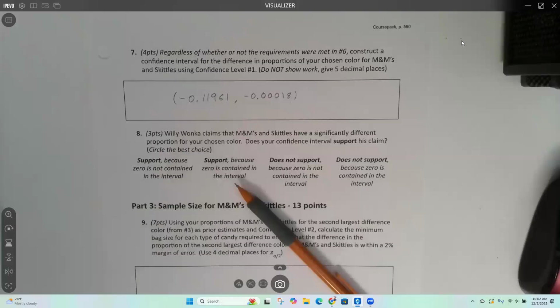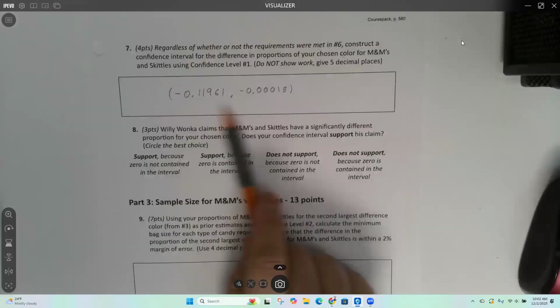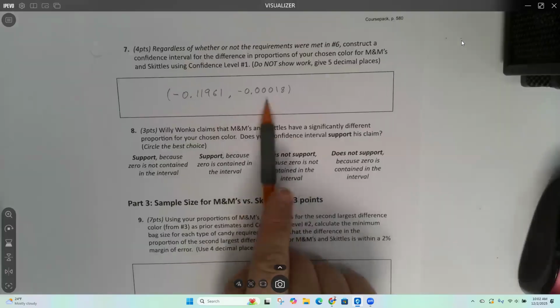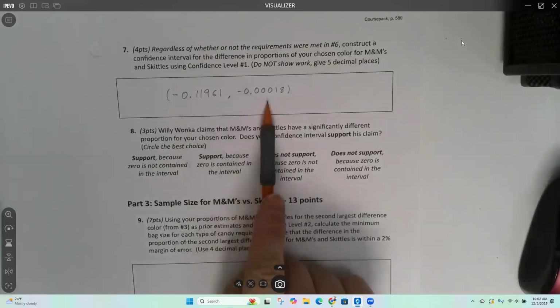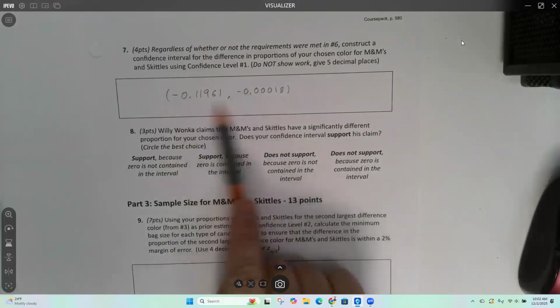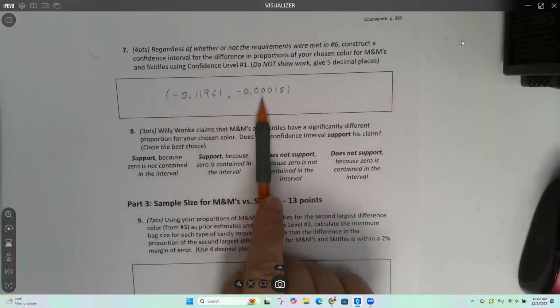That number is not zero, okay? Or maybe it is, but it's going to fall somewhere in this range. I am 86.7% confident. I'm 86% confident it's going to fall somewhere in this range, okay?